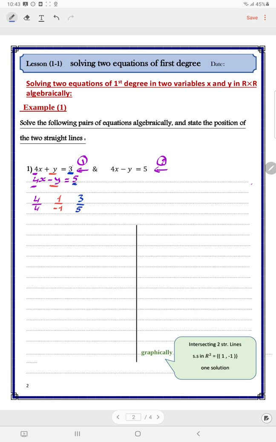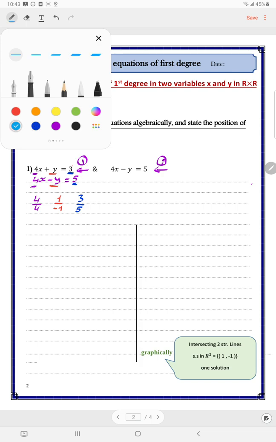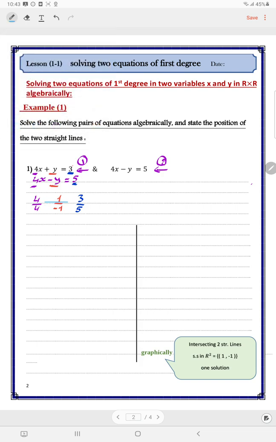Of course, here the three ratios are different. Why? Because 4 over 4 equals 1, 1 over negative 1 equals negative 1, and here 3 over 5. So if the three ratios are different, the first ratio is not equal to the second, not equal to the third.